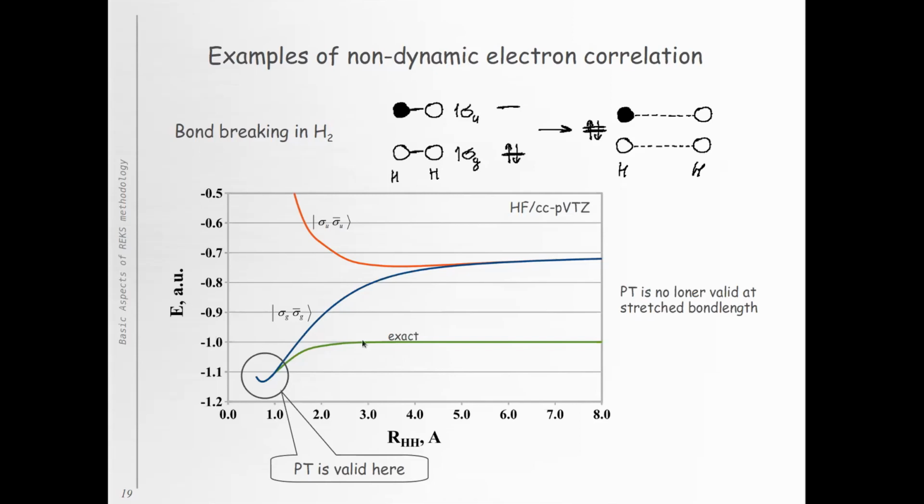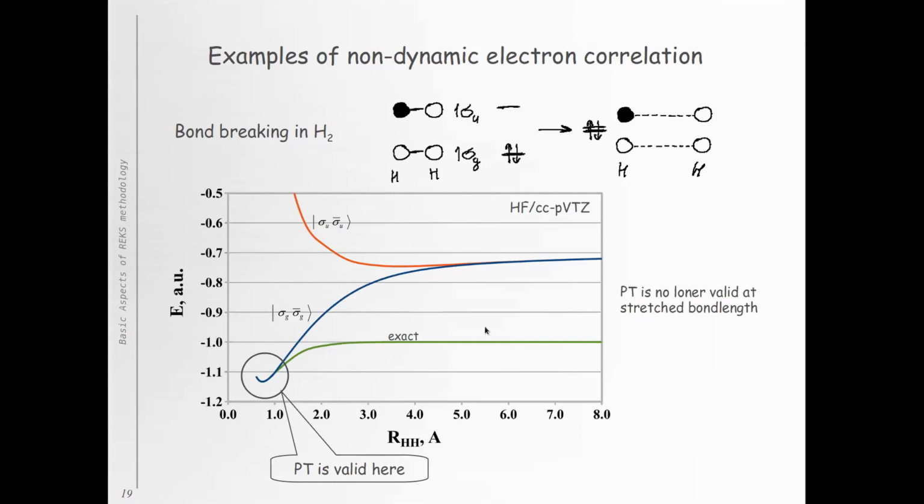For the exact curve, we have two hydrogens, and as you remember from basic quantum chemistry, the energy of a hydrogen atom is -1/2 in Hartree units, right? So for two atoms, we should have exactly -1 Hartree, or -1 atomic unit, at the dissociation limit.